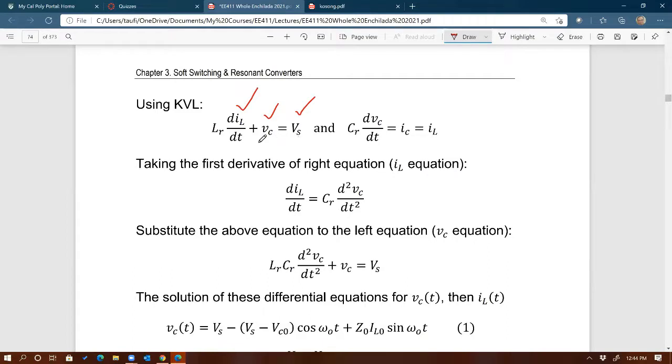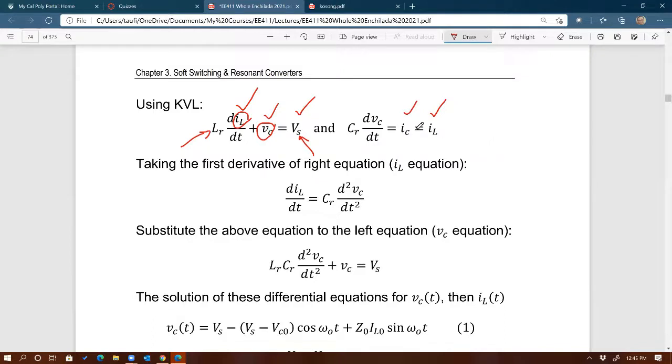That's one equation. You can see we have one equation, two unknowns. What are the unknowns? IL and VC. We typically know L and we will typically know VS. That's the first equation, so I need another equation. By KCL, I know that IL is equal to IC, because they're the same current.